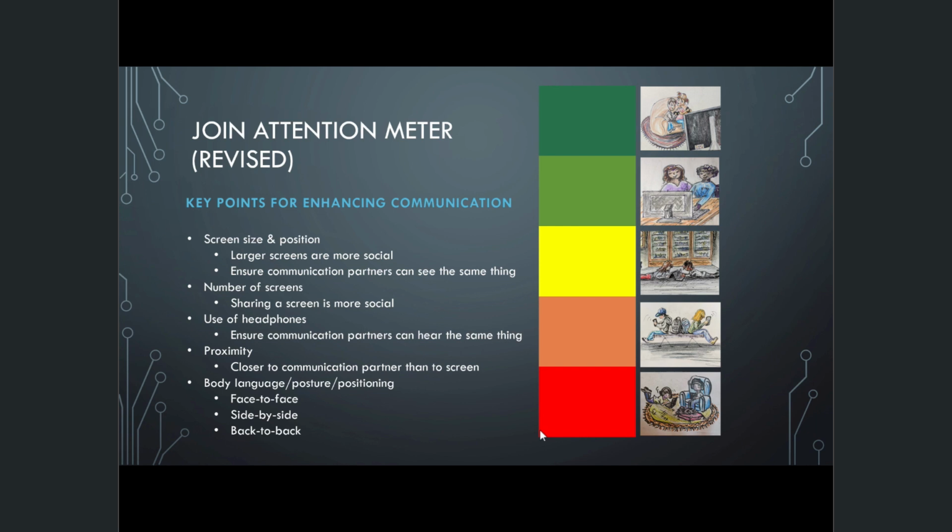At the top of the joint attention meter next to the green, you will see social communication involving a screen. As we continue down the 5-point scale, you will see less and less social communication happening. The very bottom, the red section, is next to a scene with basically no social communication occurring.